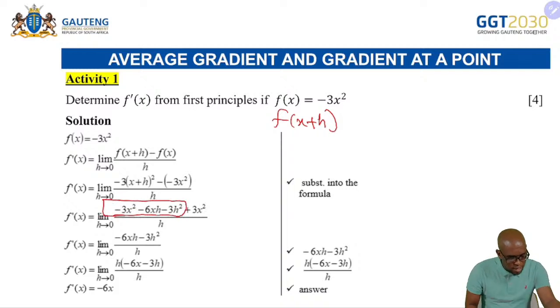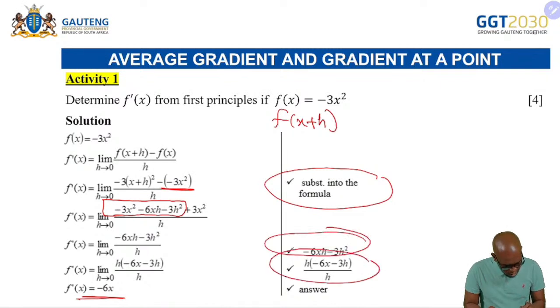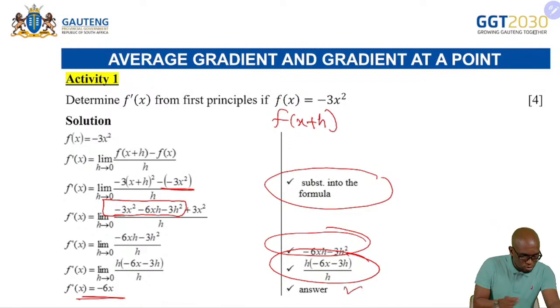And then we subtract f of x, and then you can get to the answer, which is minus 6x. Now if you check how they mark substitution into the formula: substituting f of x plus h as well as f of x in that equation, then simplifying and taking out h as a common factor, as well as the answer. So you get that this is minus 6x as the solution set for that.